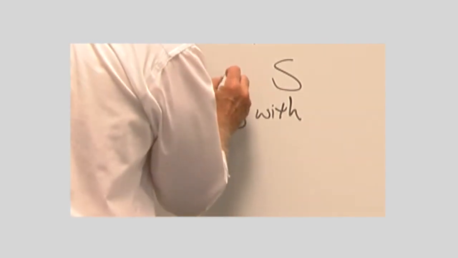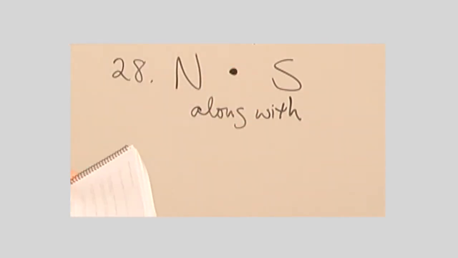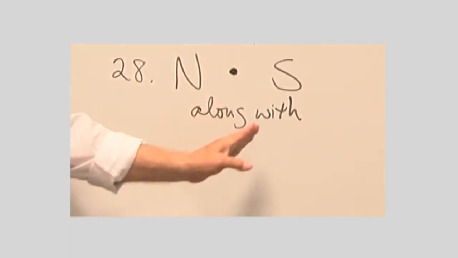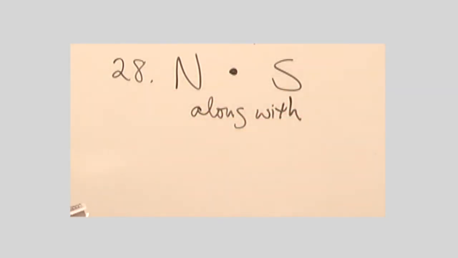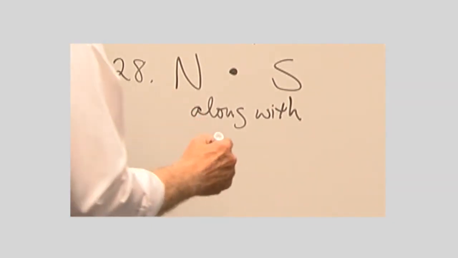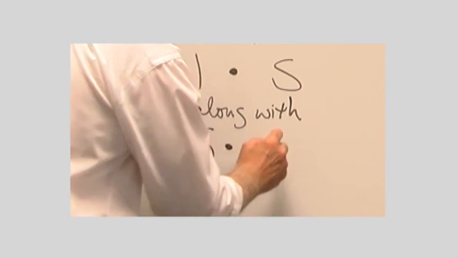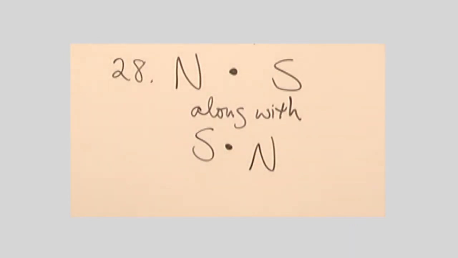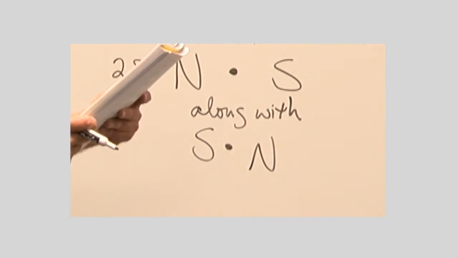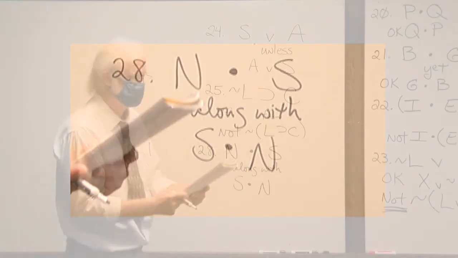And so we would use the dot. So the proper translation would be N dot S. By the principle of commutativity, you could also have S dot N without any change in meaning, even though the surface grammar structure would be different. We do not care.